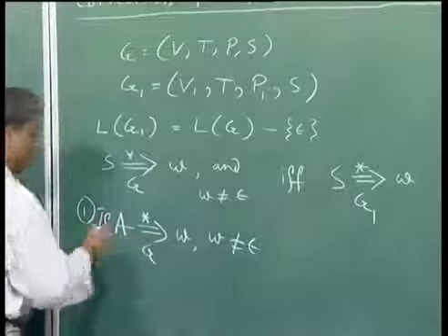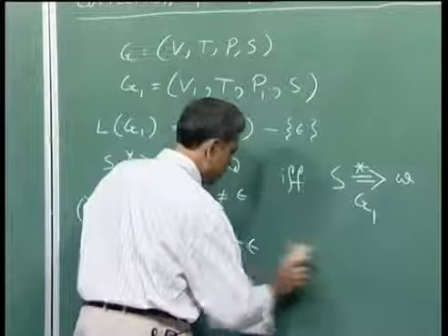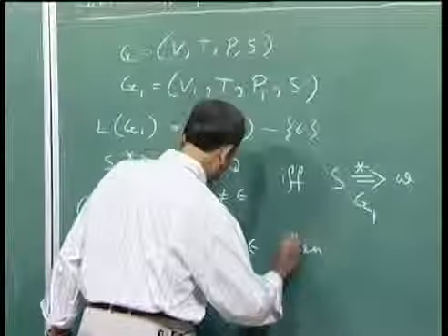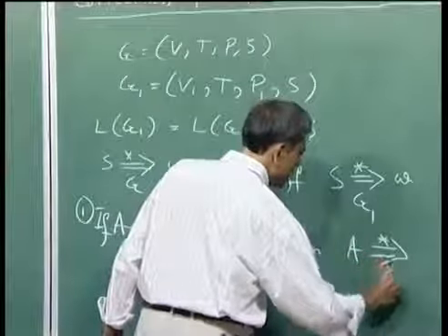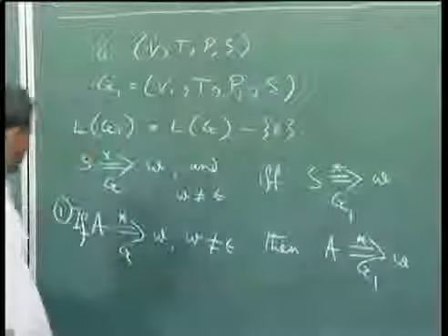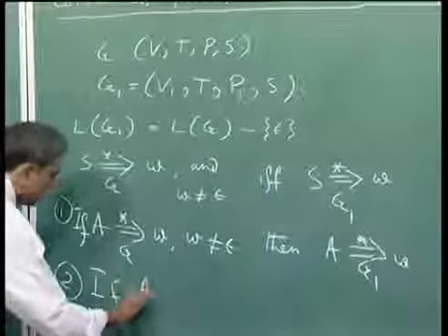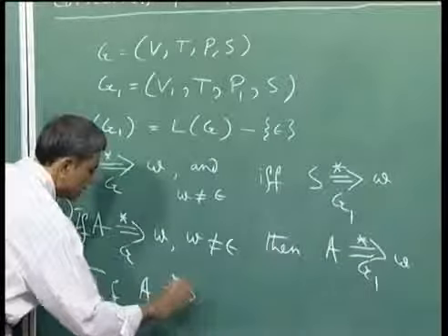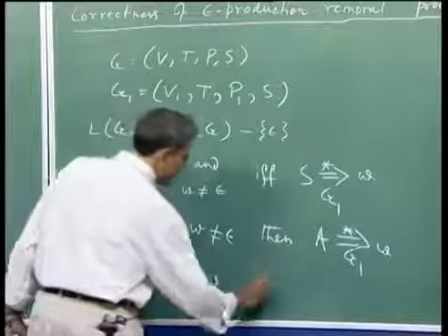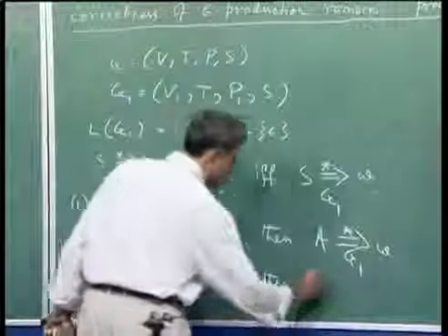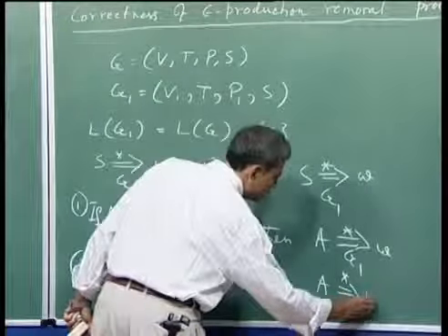So, let me write, if this is the case, then A would generate in G1 W, and the other way we would like to show that if A derives in G1 the string W, then A derives the same string in G as well.